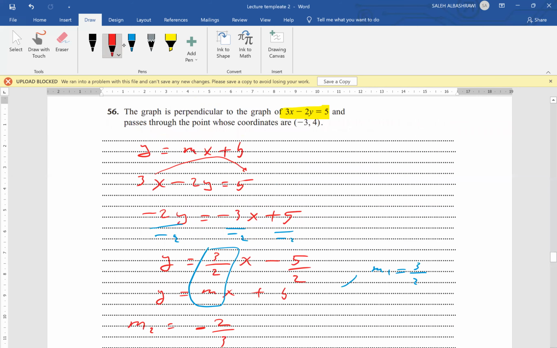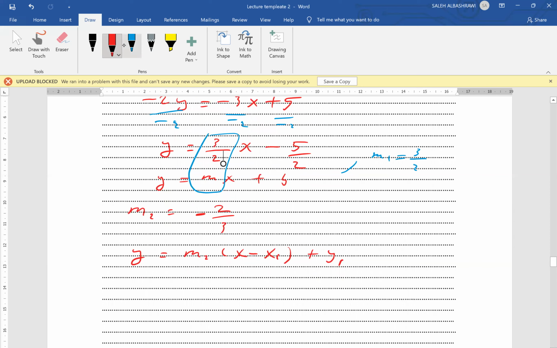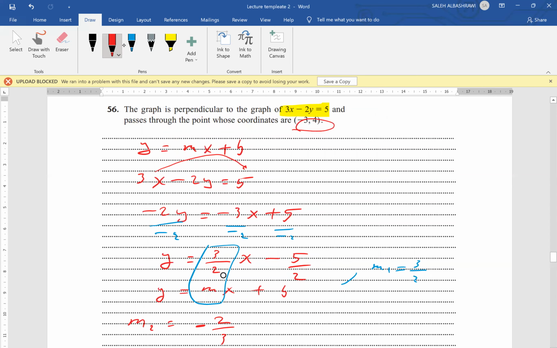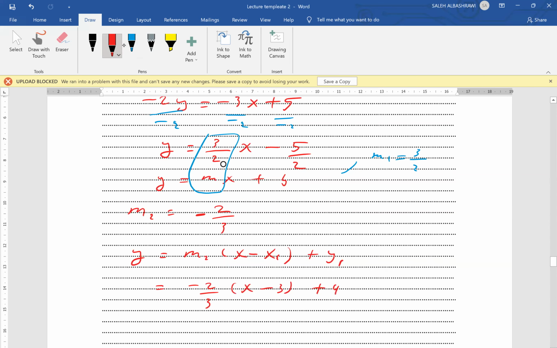Now x1 is minus 3 and y1 equals 4. So I will have minus 2 over 3 (x minus 3) plus 4. Again, this is x, it is plus 3, not minus. Take the negative or the opposite of the sign. It is minus 2/3 (x plus 3) plus 4.